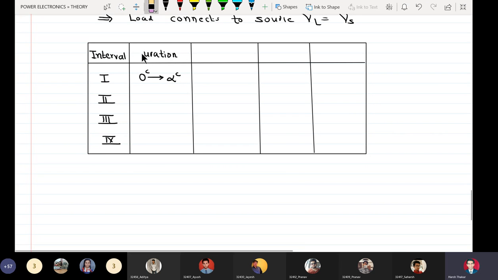So basically duration of omega t, alpha radians to pi radians, pi radians to pi plus alpha radians.